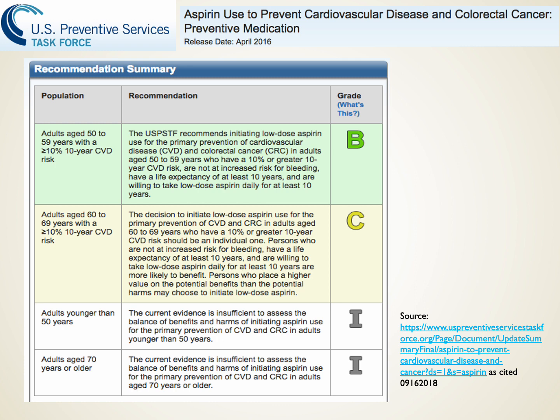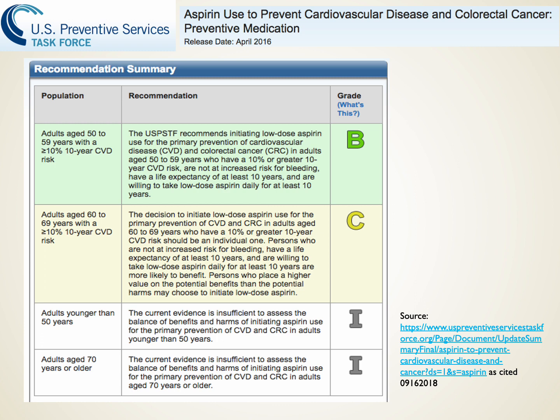But the recommendation as of April 2016 for patients 50 to 59 years of age is, if you had this increased risk, we recommended giving a low-dose aspirin every day. And similarly, if you're age 60 to 69, we recommend that pretty much as well if your risk is, again, greater than 10%. But the evidence for the 60 to 69 group is not quite as strong as for the 50 to 59 year group.